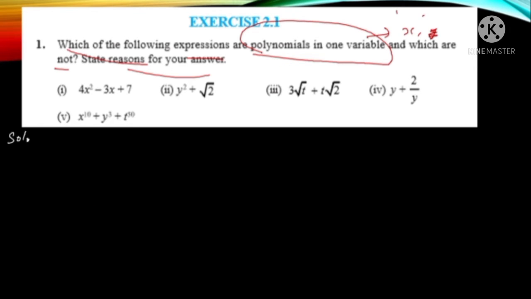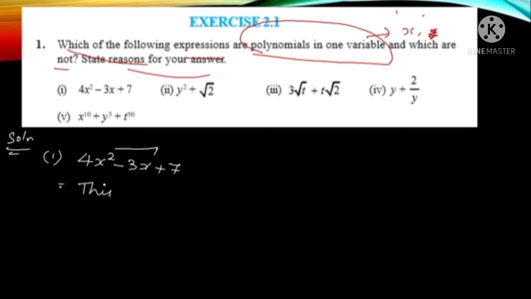So solution, first part is 4x square minus 3x plus 7. This expression is of course a polynomial in x, because there is a single variable presented.